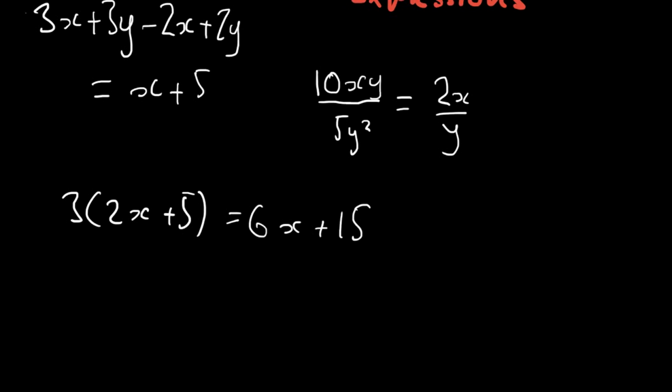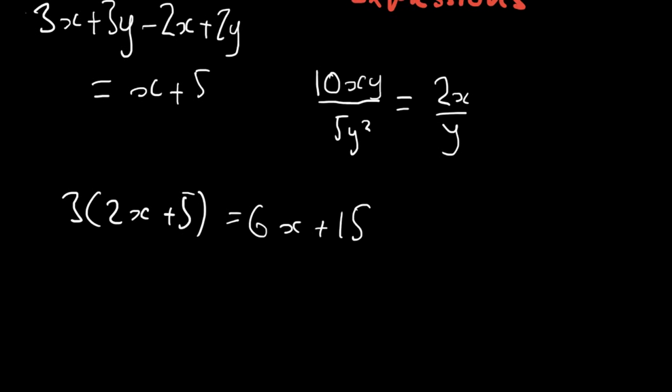And the final thing you need to be familiar with is factorization. So when you factorize, you take out the highest common factor of your terms and multiply all the terms by the factor.